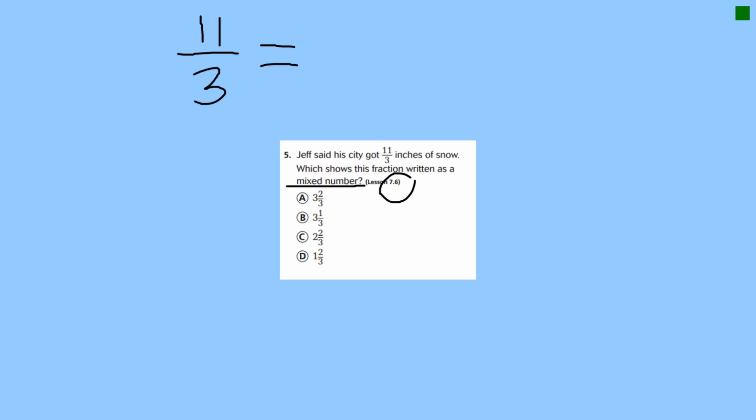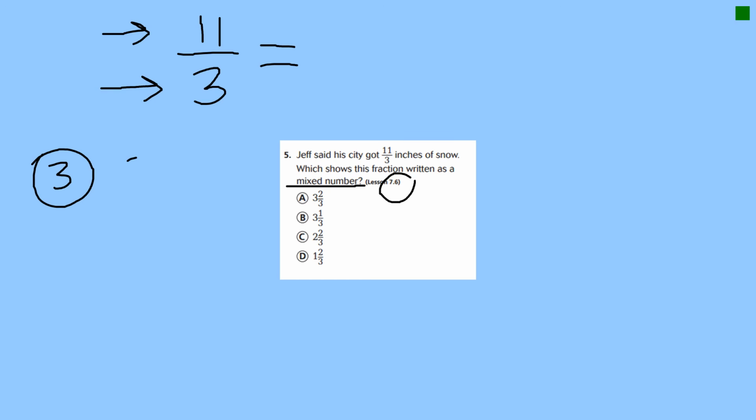Chapter 7, lesson 6. You know that you have 11 pieces and it only takes 3 pieces to make one whole thing. Okay? So how many whole things can you make with 11 pieces? Well, let's see. There's a whole thing. There's 3 pieces.